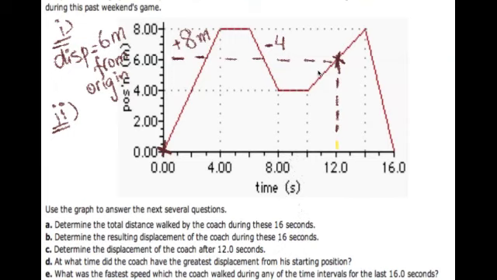It's going farther, from 4 to 6. So this is 2 meters, positive 2 meters. So let's just add these three up. So you'll see 8 minus 4 plus 2. Again, you will get 6 meters. So that is how you find out the displacement.